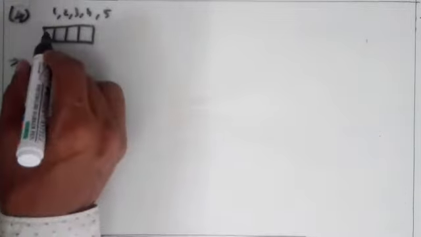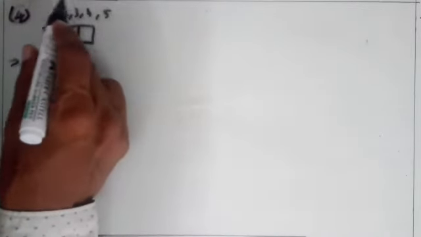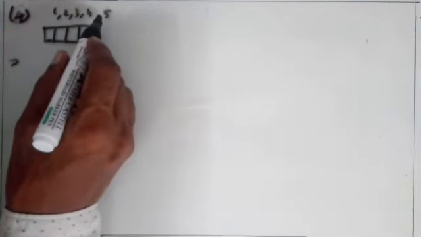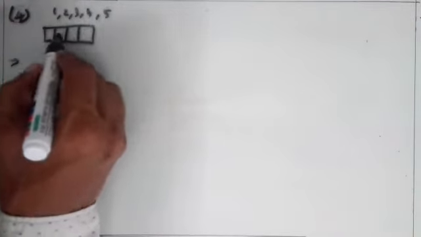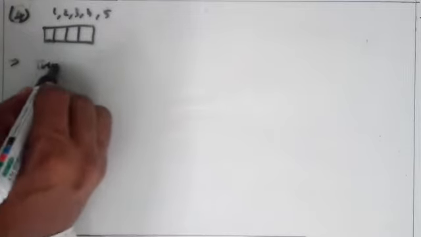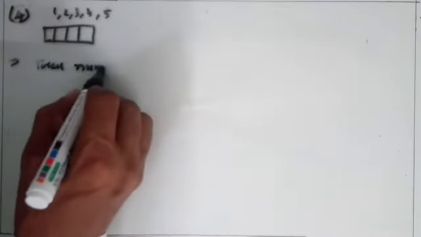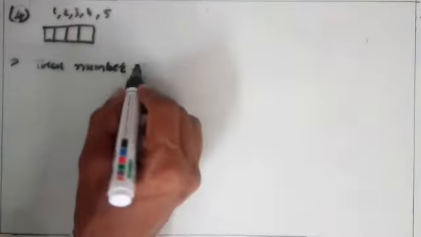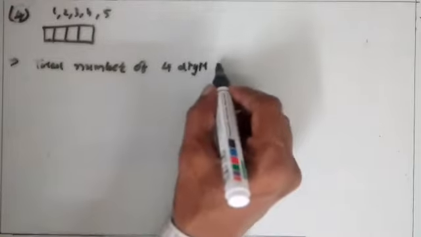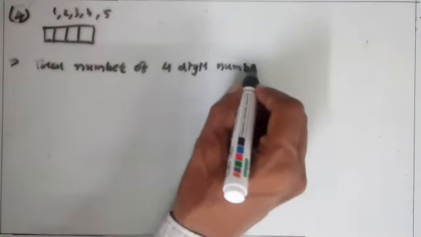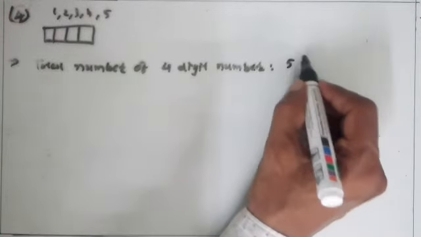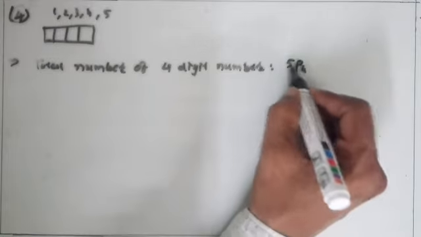So the total number of 4 digit numbers: we have digits 1, 2, 3, 4 and 5, and the 5 digits can be arranged in 4 places, that is 5P4.